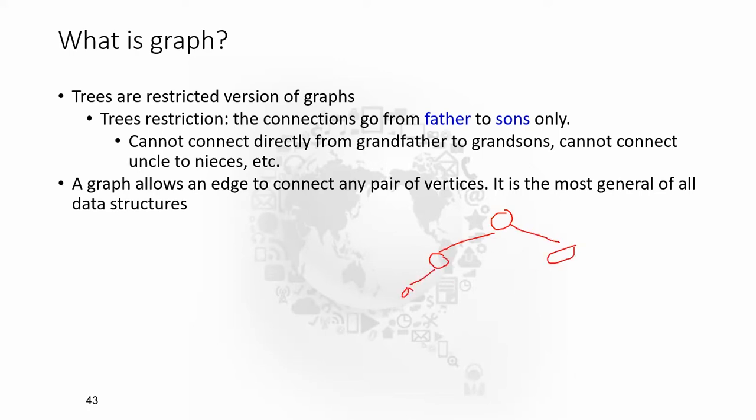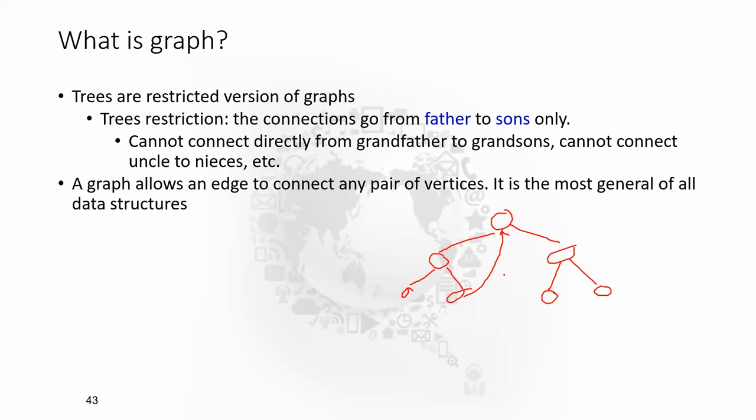Your father has two sons, and your uncle has maybe two kids. Let's say this is a binary tree, where you will have 0, 1, or 2 nodes at most. So you are unable to connect directly from the grandfather to the grandson. It has to go from stage to stage and level to level.